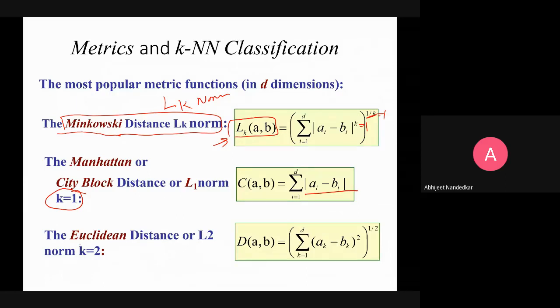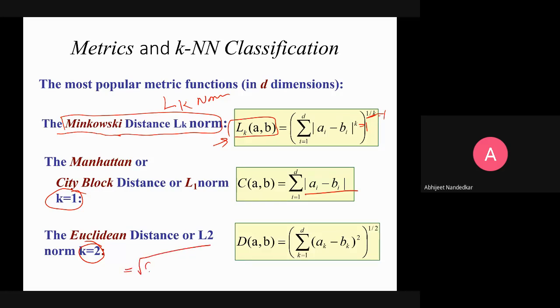Now if you put k equal to 2, then it becomes the Euclidean norm, which is quite popular and you are aware of. It is just the square of A minus B, and the square root of that. So you may be aware of this equation.